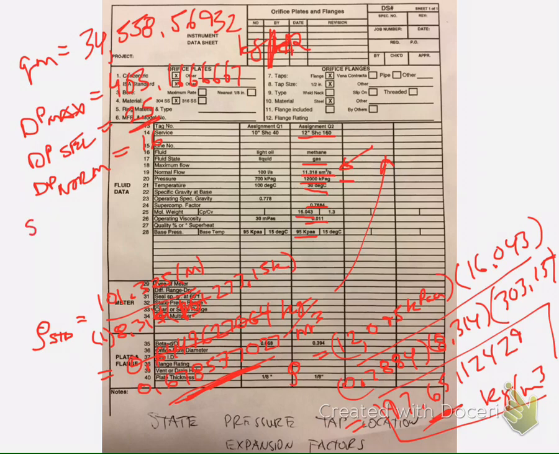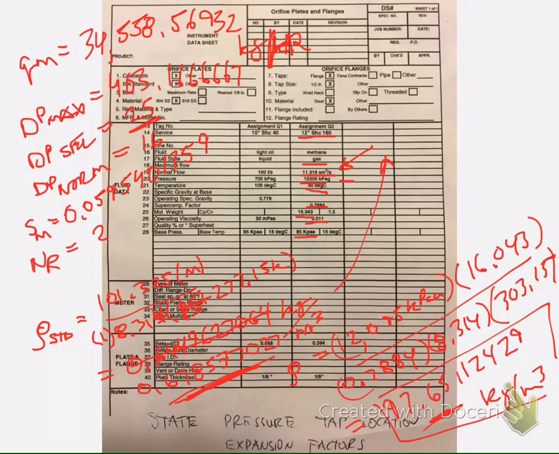SM, sizing factor, equals 0.0595401359. And the Reynolds number my calculator gives me is pretty big.